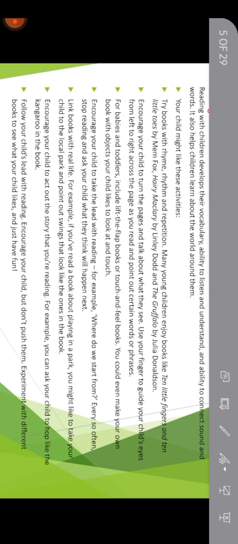And next is to encourage your child to take the lead with reading. So of course, for example, where do we start from? From simply asking them to read a book. So where do we start? From where? From the back or at the front? So of course they're going to answer at the front because this is the starting page.